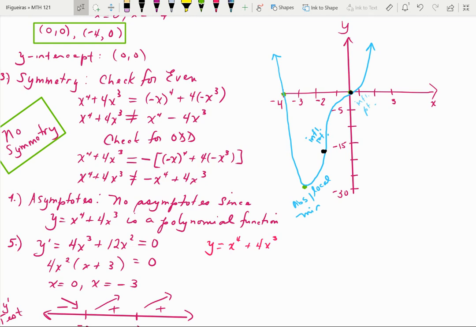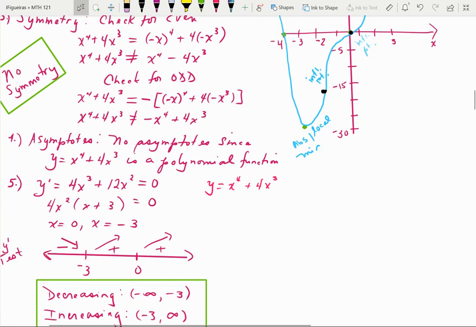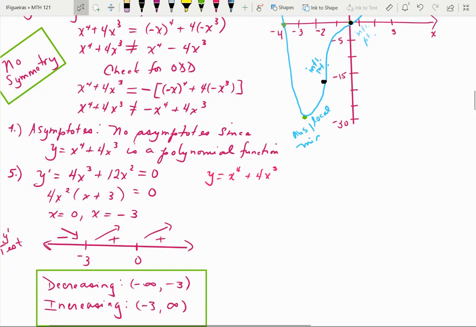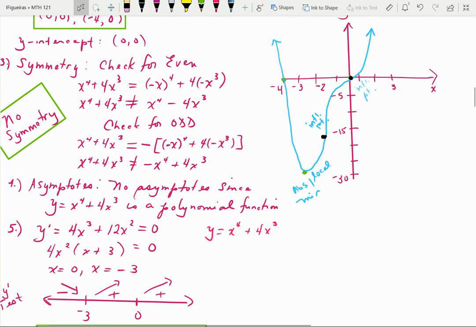I have -4, 0, and 0, 0. I also plotted our absolute and local minimum. As a reminder, the minimum was at -3, -27. So that's what you see here. And then remember, we had two inflection points at -2, -16, the points that you see here in black, and at 0, 0.